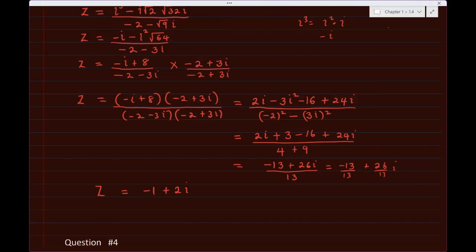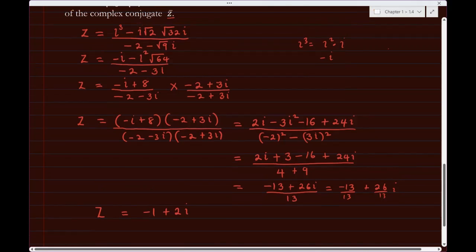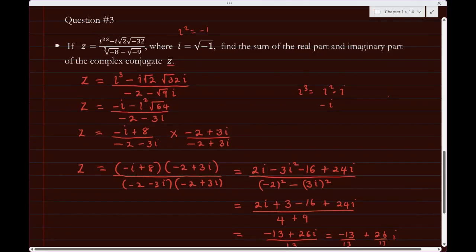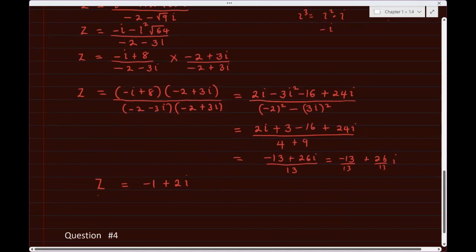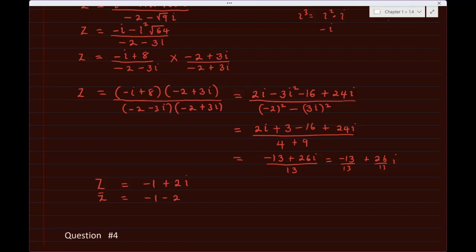But we are interested in what the question asks. Let's look at it again. It's interested in z bar, which is the conjugate. So it means we need to find the conjugate. So z bar is going to be minus 1 minus 2i. So we're done.